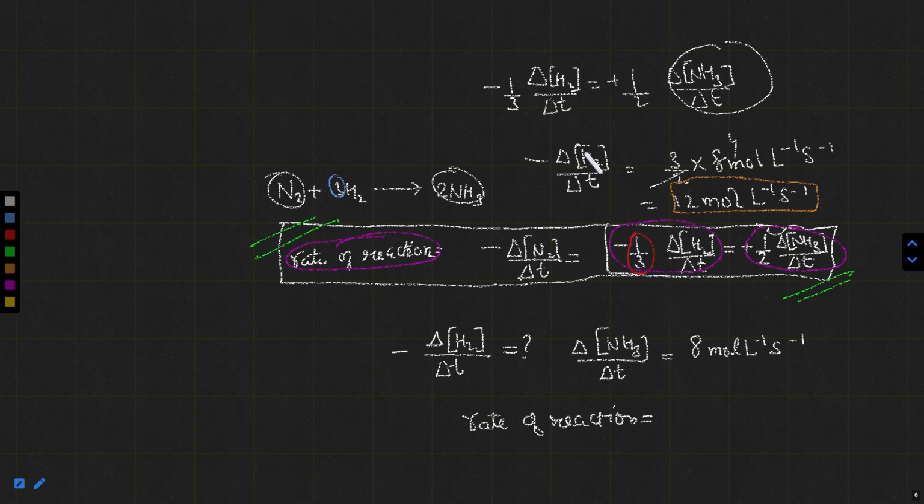We are given the value of minus delta H2 by delta T as 12 mole per liter per second, so that would give us 12 mole per liter per second. Now, if I want to find it in terms of ammonia, then it would be 1 by 2 into the given 8 mole per liter per second. Just find this out, it will give you the same value.